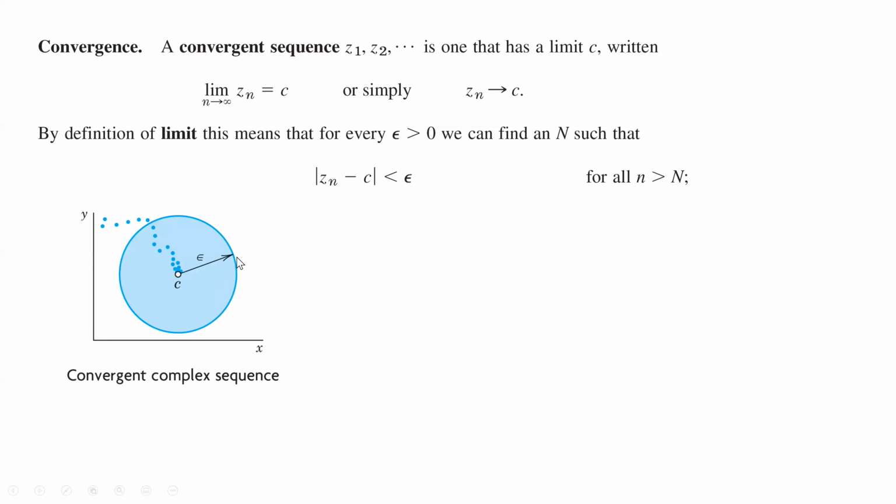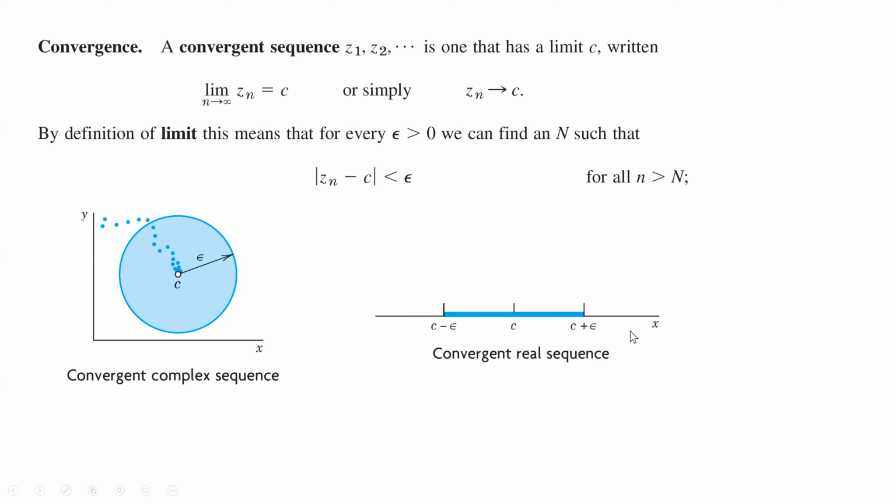This is c, this is the epsilon neighborhood. You say after some point, all of these are inside, no matter how small the epsilon is. You make it smaller, I find a larger N so that this is satisfied, and so forth. So this means the limit is c. If I can do that for every epsilon, I can find an N, it means the limit is c. All right.